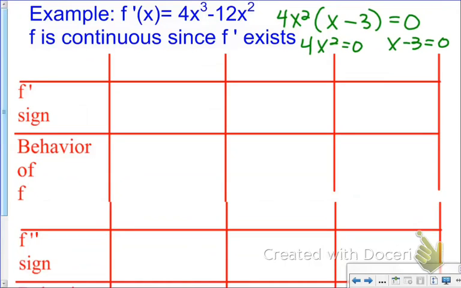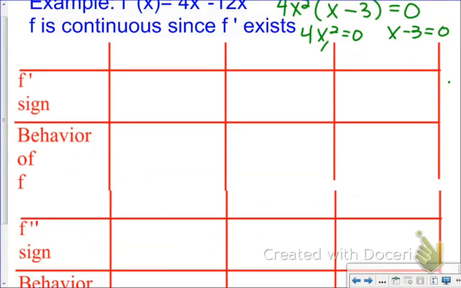Where are my critical points? 0 and 3 are the critical points. So let's write them down. 0, 3.